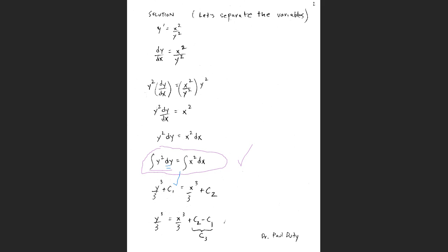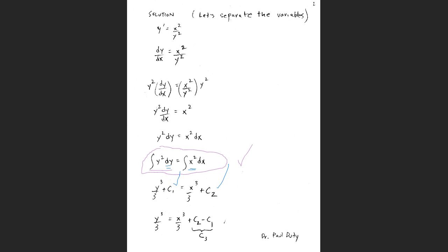And on the right side, the antiderivative of x squared is x cubed over 3 plus c2, which is a different constant of integration. The c1 and the c2 could have the same values, but they don't have to. They're just constants of integration.